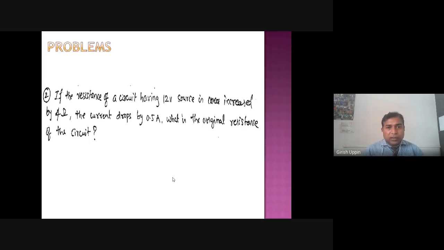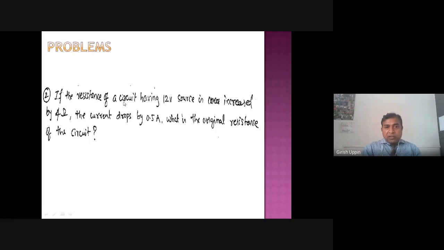Okay, take the next problem. If the resistance of a circuit having a 12 volt source is increased by 4 ohm, the current drops by 0.5 amperes. What is the original resistance of the circuit? So first we will understand the problem.